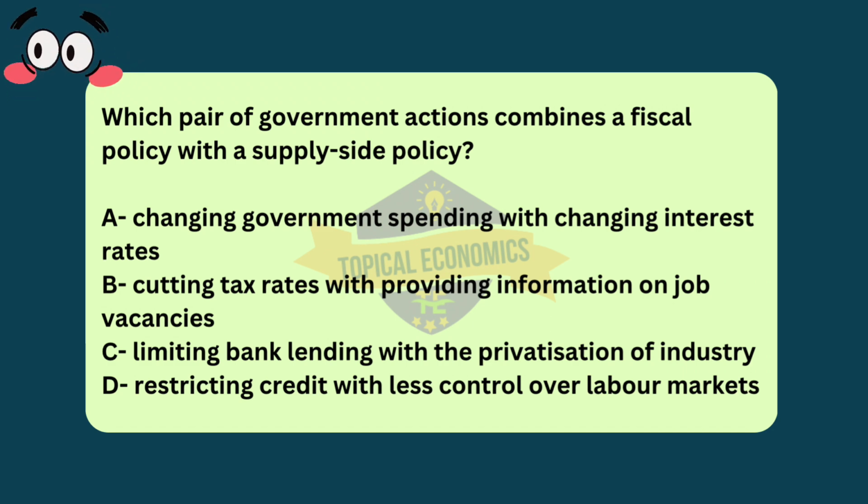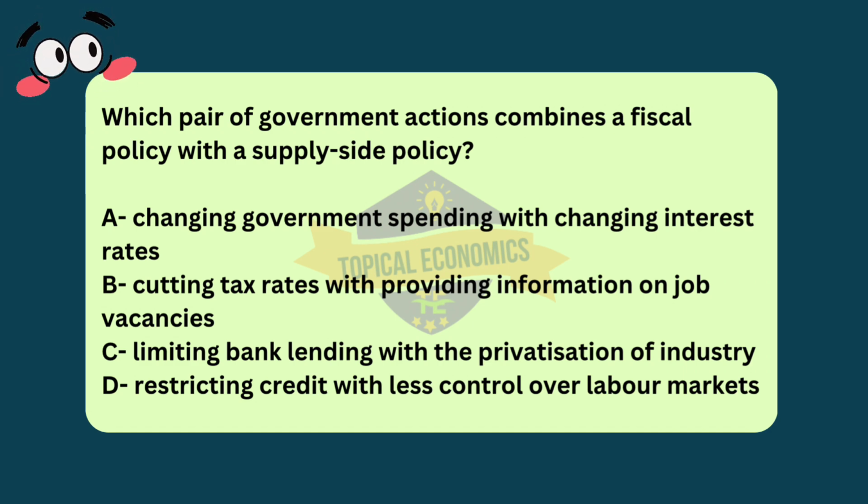Fiscal policy involves changes in government spending and taxation. Cutting tax rates is a fiscal policy action because it involves altering taxation to influence economic behavior. On the other hand, supply-side policy aims to improve the productive capacity of the economy, usually by enhancing labor markets, boosting productivity, and encouraging investment.